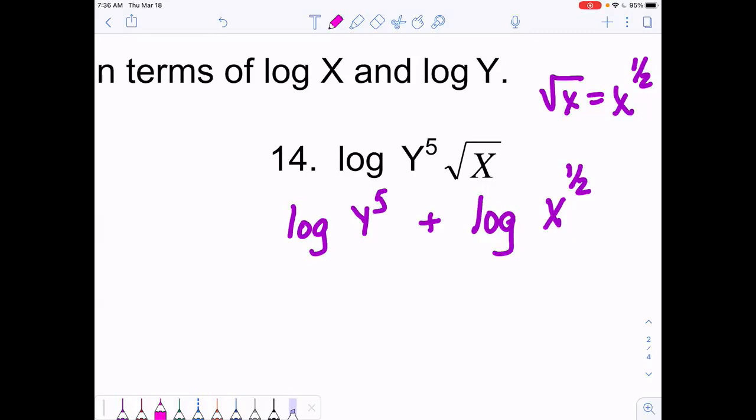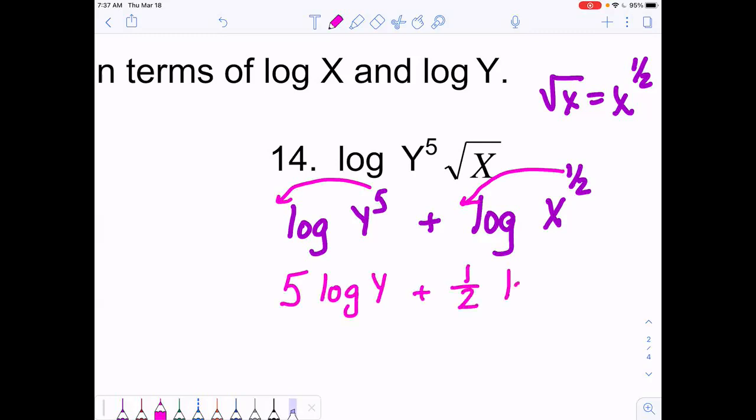I don't know, you move the exponents to the front. Yeah, that's called the power property. So the powers move to the front and become multiplication. So this is now 5 times the log of y and a half times the log of x.